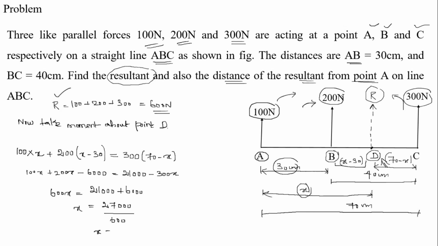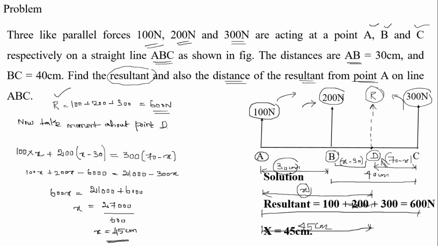So what is the value of x? 45 centimeter. So the resultant R is acting upward at 45 centimeter from point A. So this is the answer, x is equal to 45 centimeter. Okay, thank you.